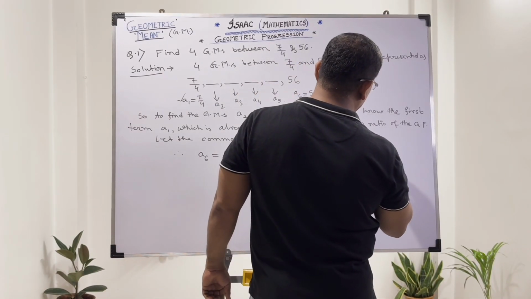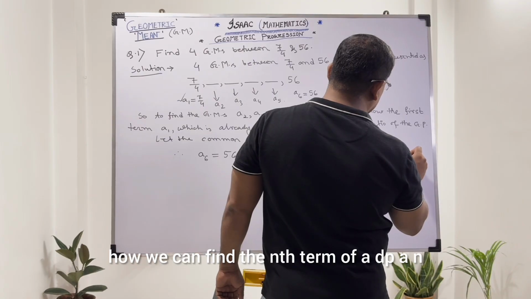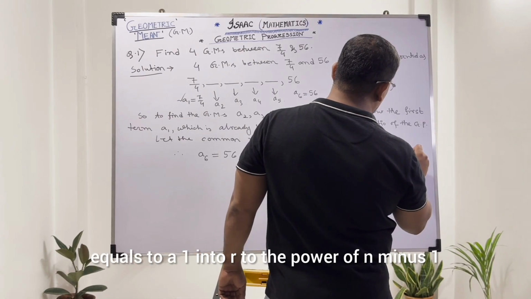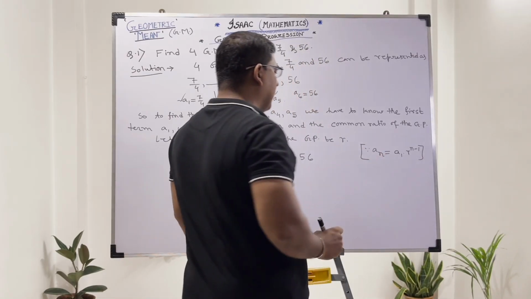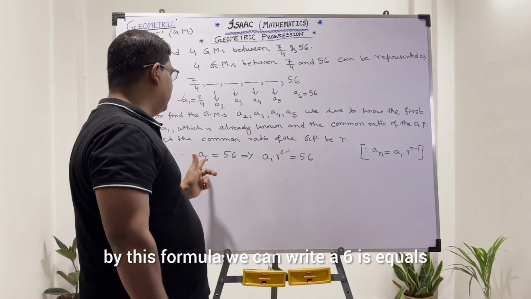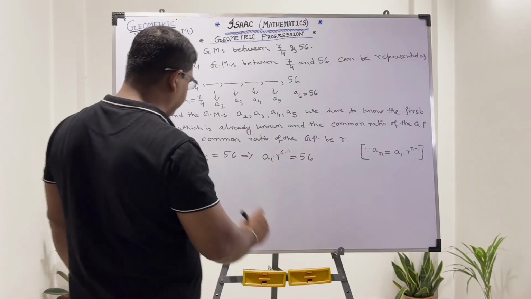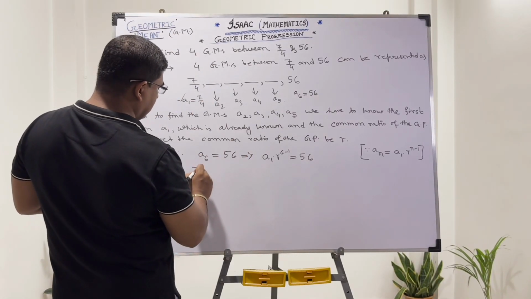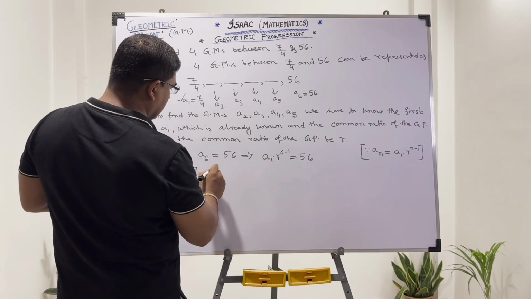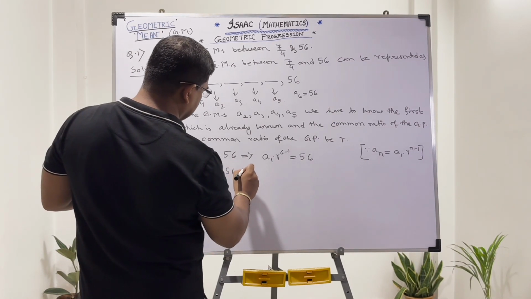Already we know how we can find the nth term of a GP: An equals to A1 into R to the power of n minus 1. By this formula we can write A6 is equals to A1 into R to the power of 6 minus 1. A1 is 7 by 4 into R to the power 5 equals to 56.